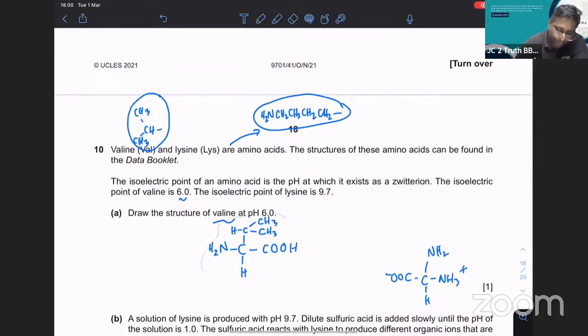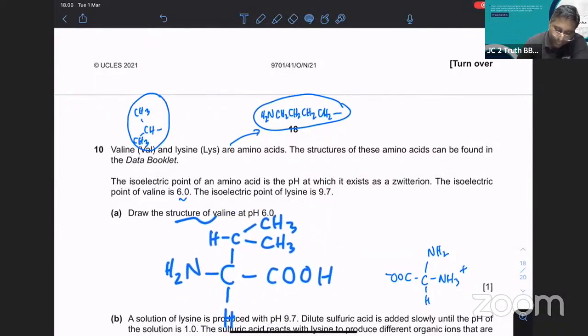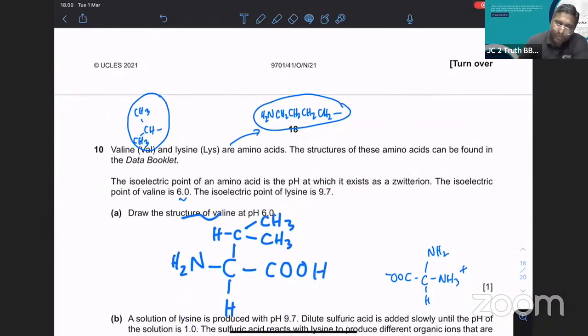I bring this one here, so I have this as my valine. Do remember this is not 100% correct because you need to mention it being a zwitterion. So this one is COO minus, and this is NH3 plus. This is going to be the structure of valine at pH 6.